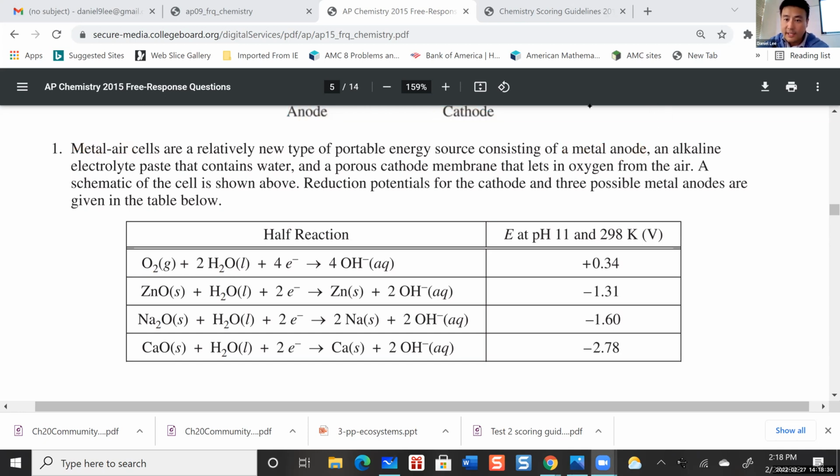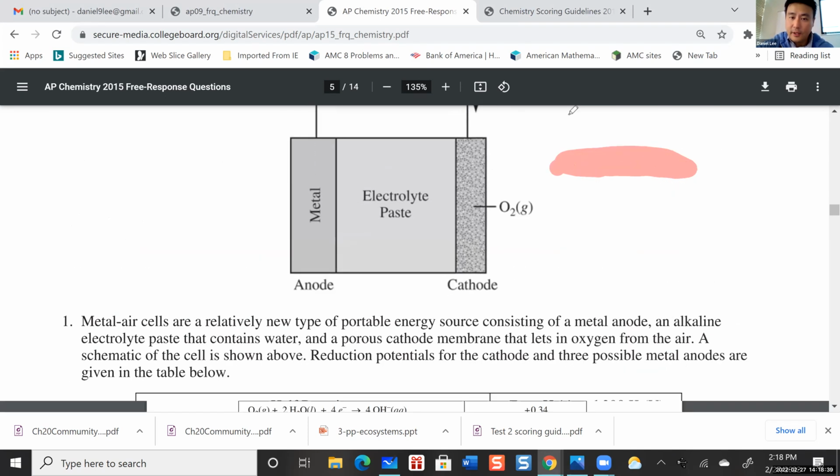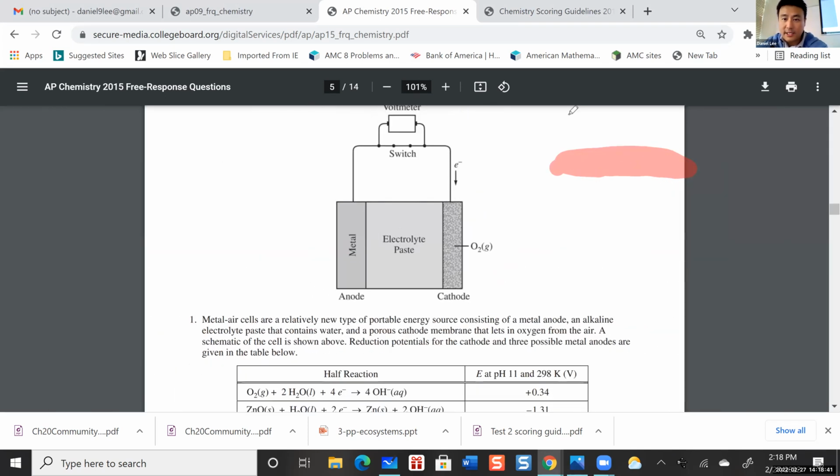Okay, so when they say that they want to let in the oxygen from the air, what is the purpose of letting in the oxygen? Well, probably because oxygen is one of the reactants, right? You need oxygen. So this is the reduction. Reduction needs oxygen, yeah? Oxygen will become reduced.